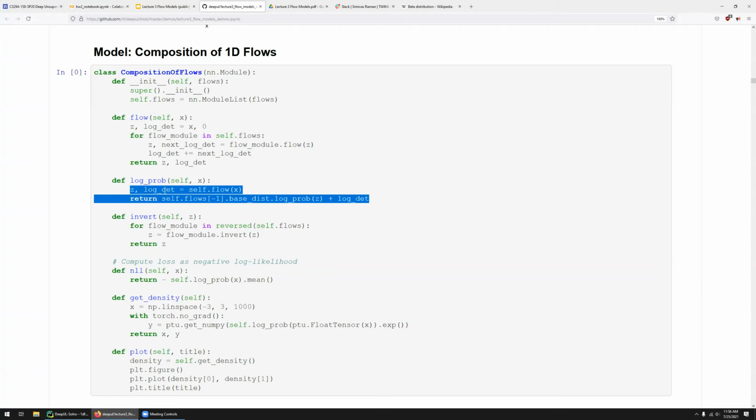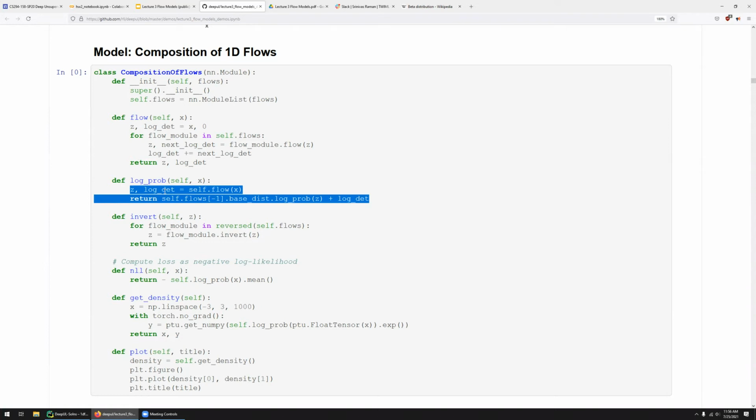And it's the self.flows and the last, because obviously what you get out of the composition of flows finally is your last Z. So that's why it's self.flows[-1], because it's the last layer of the composition of layers of your module list.